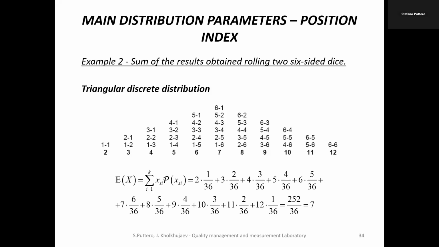If we sum all the contributions, we obtain that the expected value of this experiment is equal to 7. Okay?